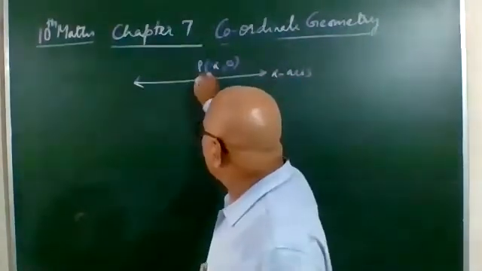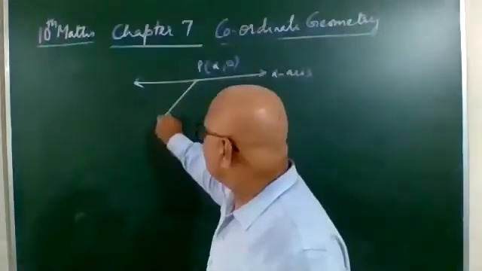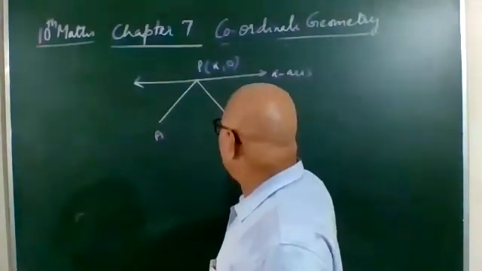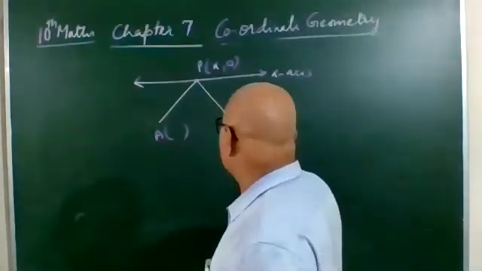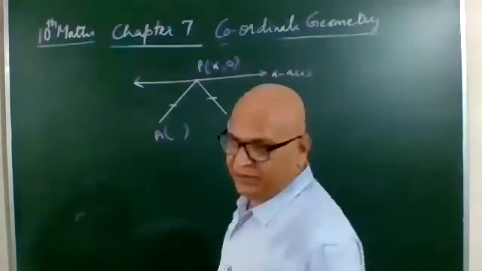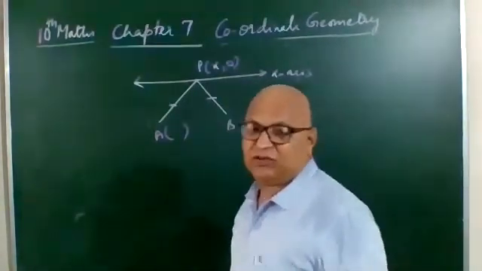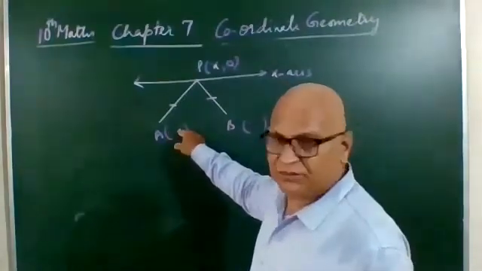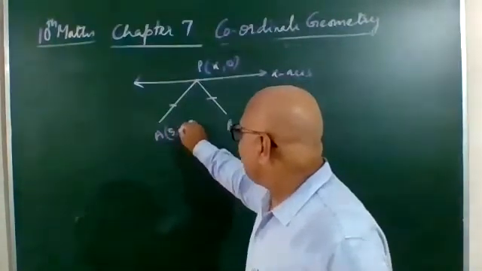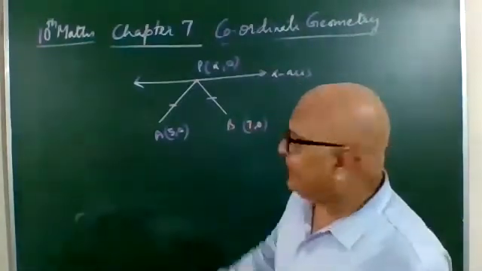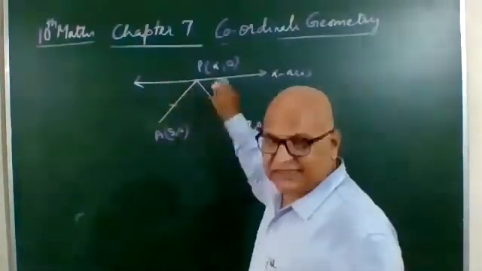Now, this point P is equidistant from A and B, which have given coordinates, so PA equals PB. If the question gives (5, 0) and (7, 0), then you can take A and B on the x-axis.